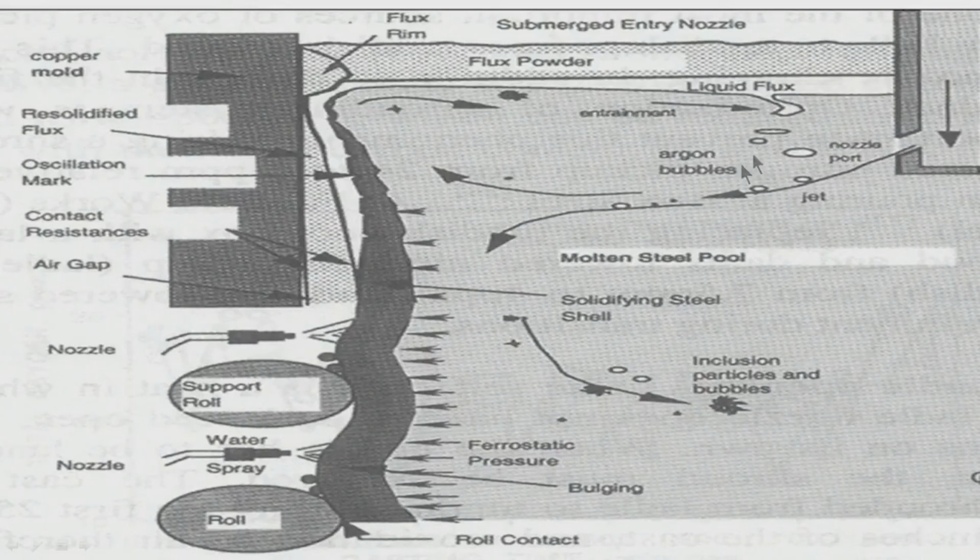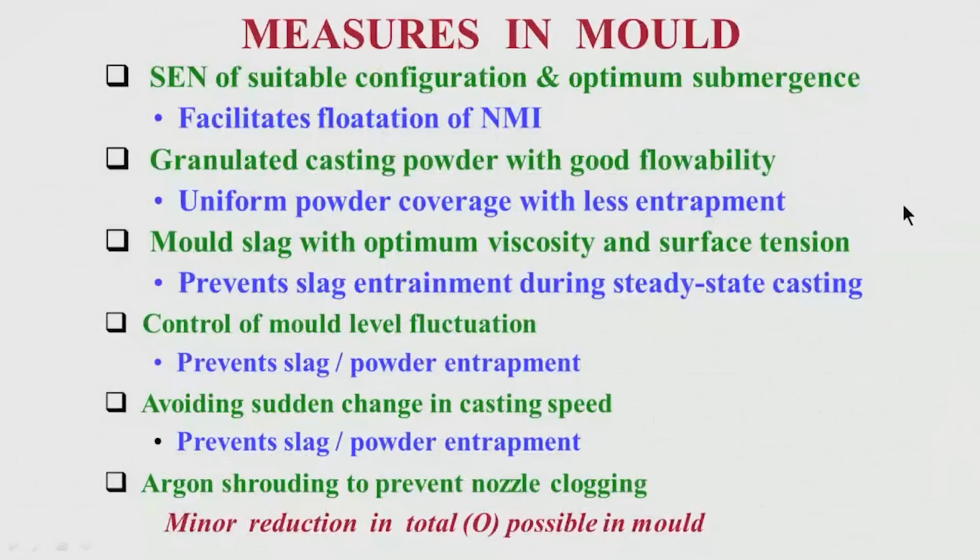So, modeling plays a big role here in deciding what should be the configuration of the exit port here. So, an SEN of suitable configuration and optimum submergence is very important. This helps flotation of NMI, whatever exogenous inclusions are getting generated.